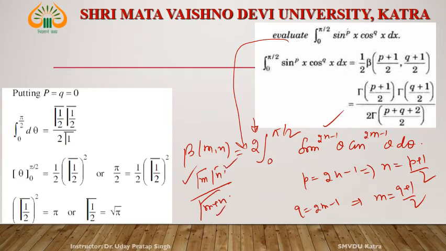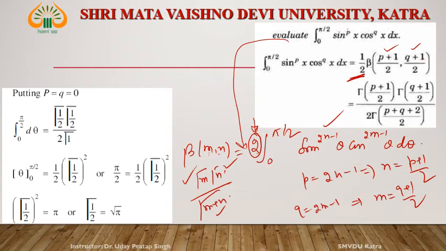This 2 multiple becomes 1 by 2, and beta of m n, what is m? m is q plus 1 by 2, n is p plus 1 by 2, and since we know that beta function is a symmetric function, either you write first or second, no problem. So beta q plus 1 by 2 and p plus 1 by 2.